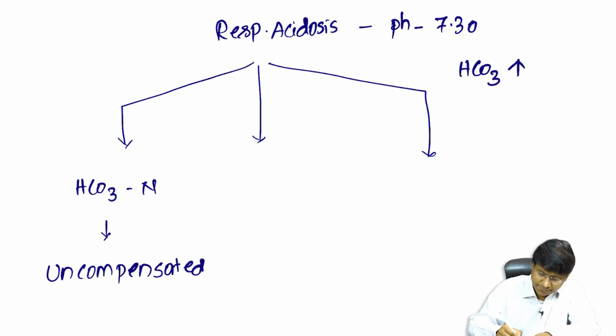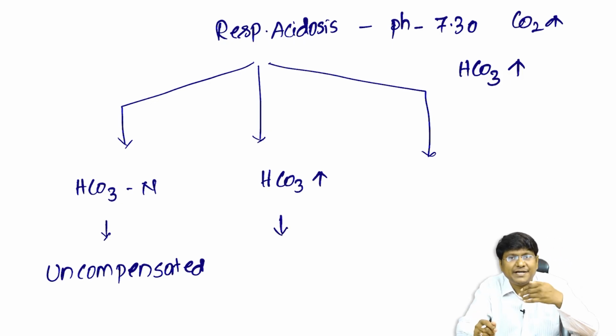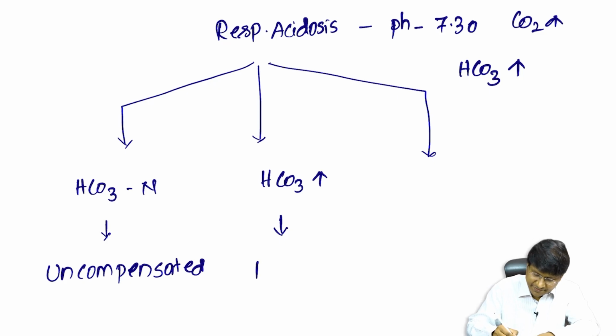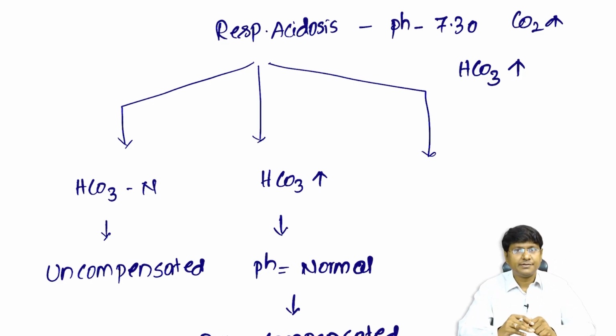Now if your carbon dioxide is increased, and because of which bicarbonate is also increased, and because the bicarbonate is increased, the pH is normalized, this we call fully compensated.